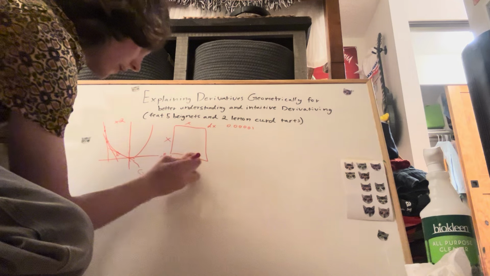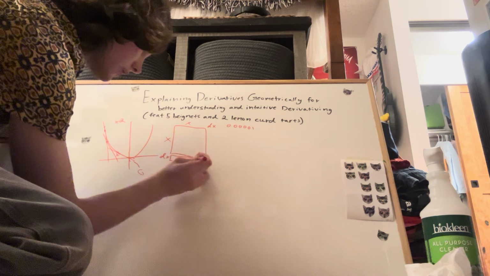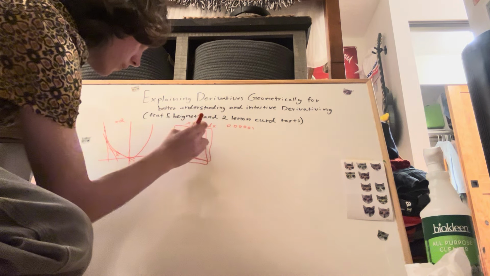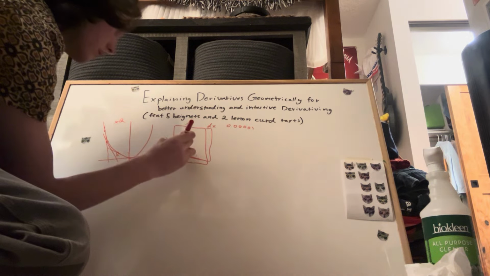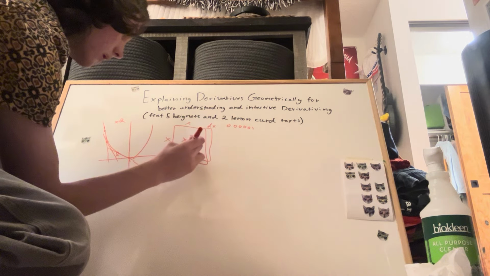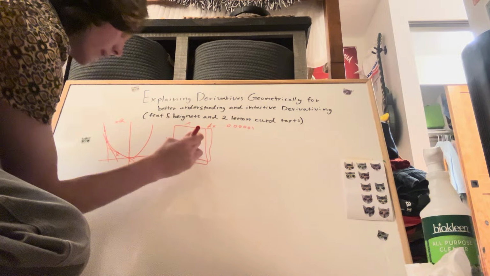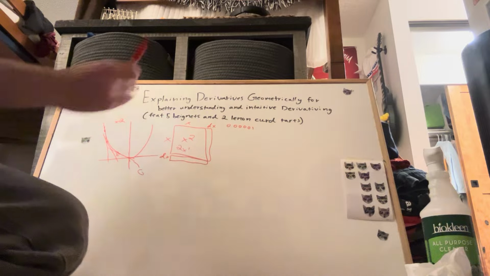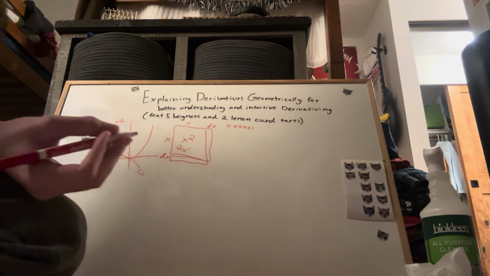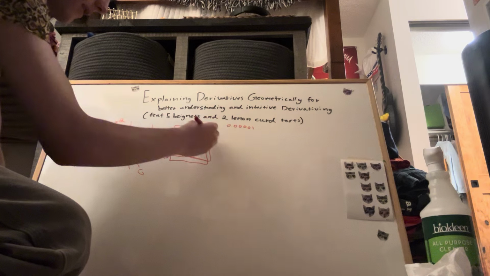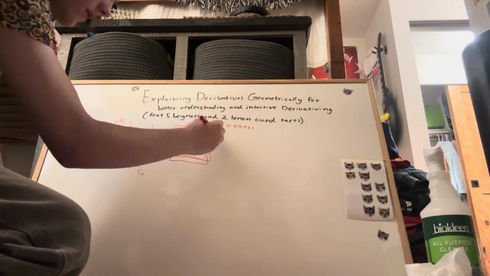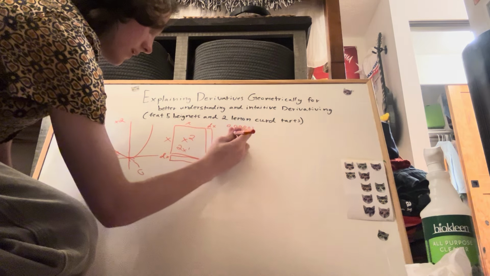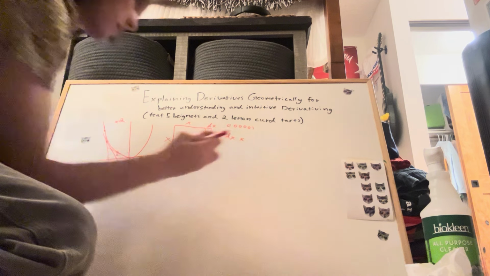So, d of x on x squared, which we should all know by now is just 2x, or the derivative of x squared is just 2x to the first power because of the power rule. But another way to see this is that we have this thing here. We have another thing here, which is dx times x, right?